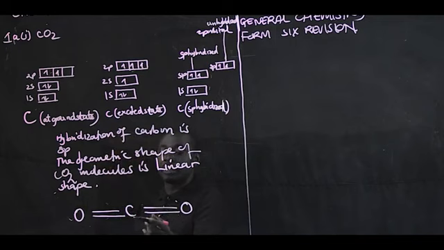Both double bonds have equal repulsion, so the pairs of electrons involved in bonding move far away from each other, and the molecule of carbon dioxide displays a linear shape having an angle of 180 degrees.